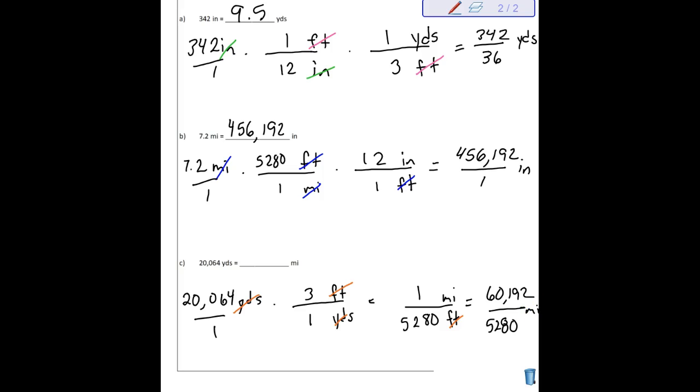And so then we need to simplify, and we get 11.4. So 20,064 yards is 11.4 miles. So this is how we convert these linear measures in our American units. Keep up the good work, and we'll see you in the next video.